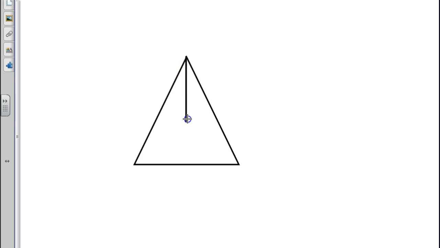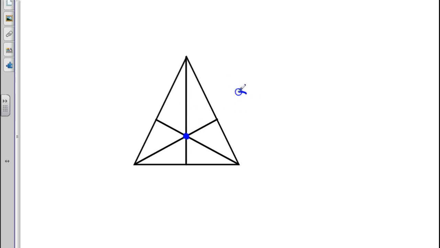We'll probably do a little activity to actually bisect those angles. I'm sure you remember how to do that. So I'll bisect and go across, and then bisect this one and come across. And as I do that, you can see that these cross right here in the middle.